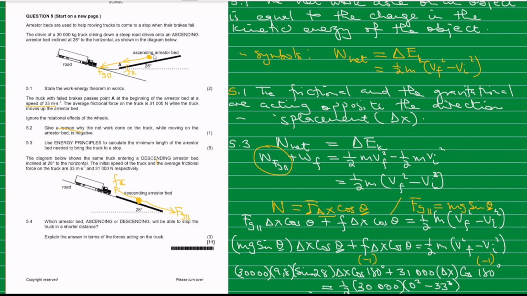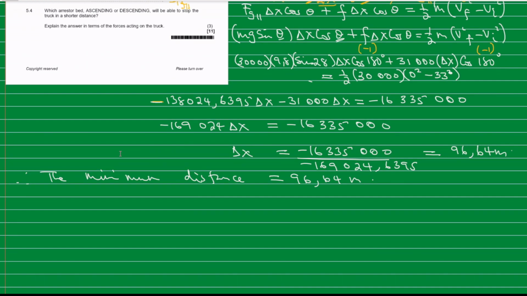It's the ascending arrestor bed. That's why the truck will move a shorter distance up the arrestor bed. So the answer to the question, which arrestor bed will be able to stop the truck in a shorter distance, is the ascending one.